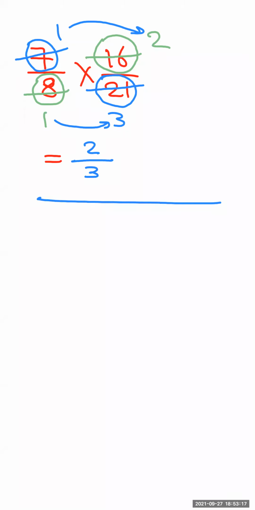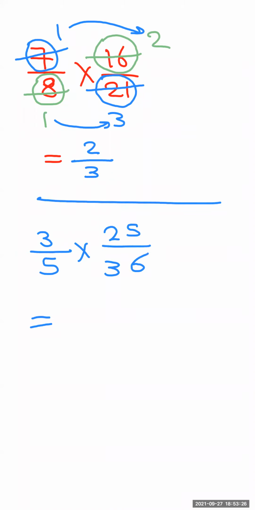If it's 3 over 5 times 25 over 36. So to multiply these two fractions, simply, guys, I will look to simplify first. So we can simplify 3 and 36. If I divide the two numbers by 3, so 3 divided by 3 means 1, and 36 divided by 3 means 12.